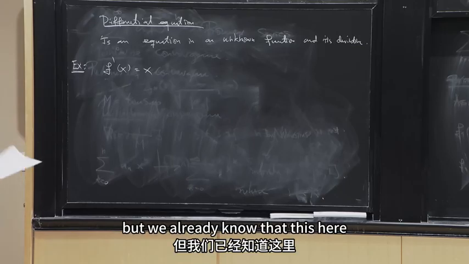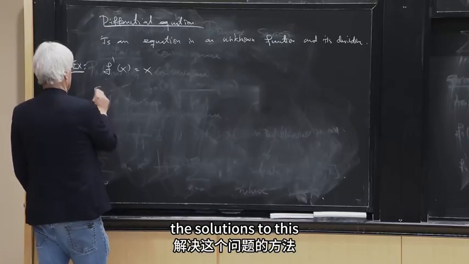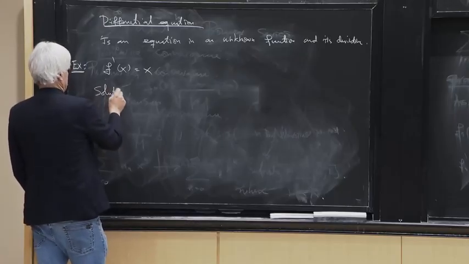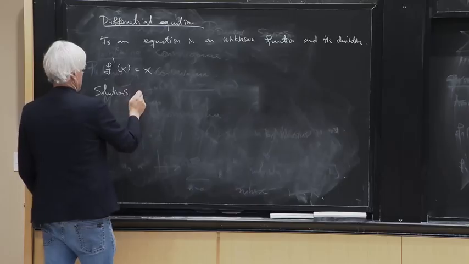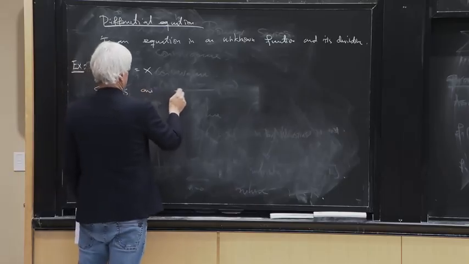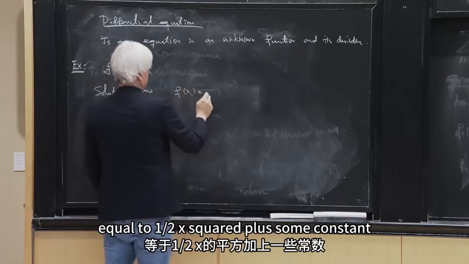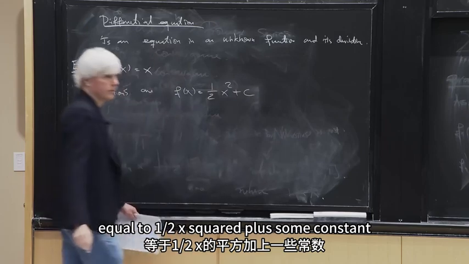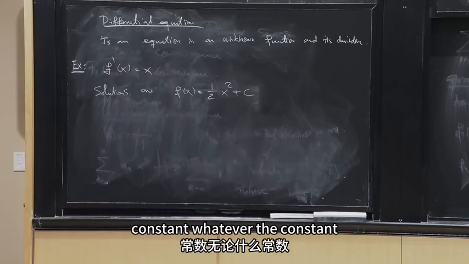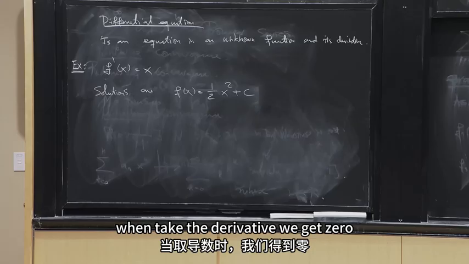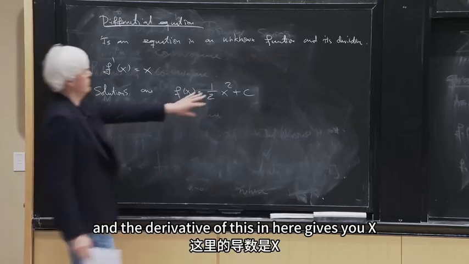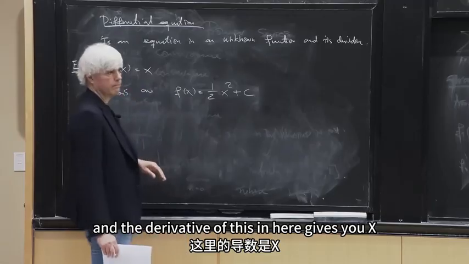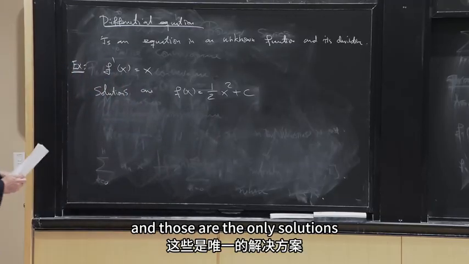Well, we already know that the solutions to this are f of x equal to 1/2 x squared plus some constant. Whatever the constant, when you take the derivative, you get 0, and the derivative of this thing gives you x. And those are the only solutions.